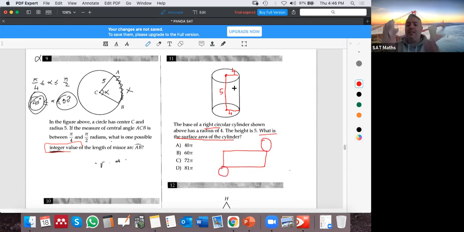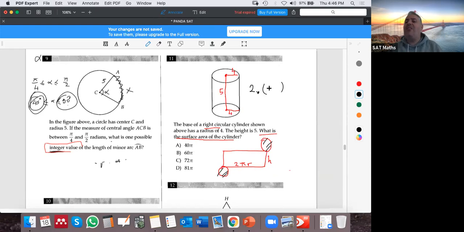When I expand this, I will get this figure. And here, this is 2 pi r, and this is h. Now I need the area of this circle and this circle. So 2 times the area of one of the circles.